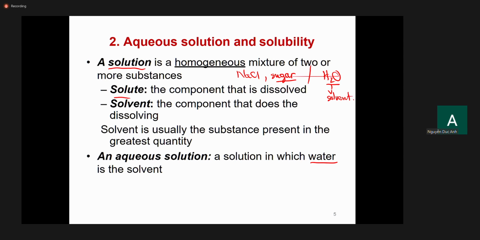Sometimes you see the word aqueous next to the components in a reaction. This means that your reaction happens in water.